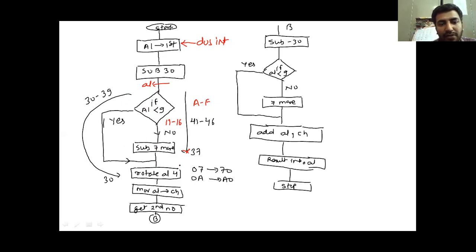Okay, but now you must understand that when I entered 7, this became 37, and after subtracting this became 07. But what I want is not 07 but 70. So if my second number is 2, I will end up getting 32.